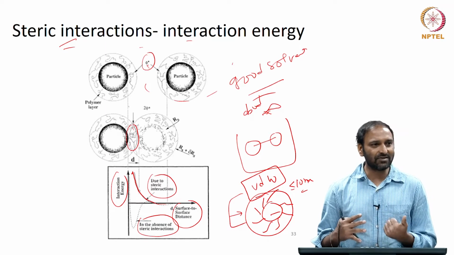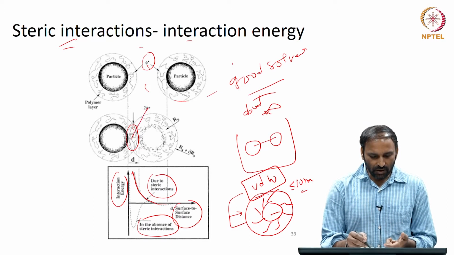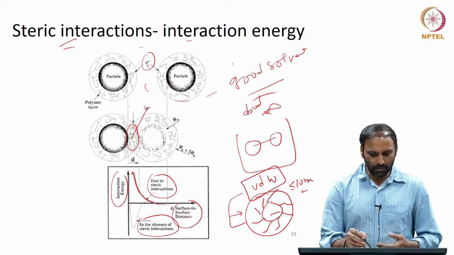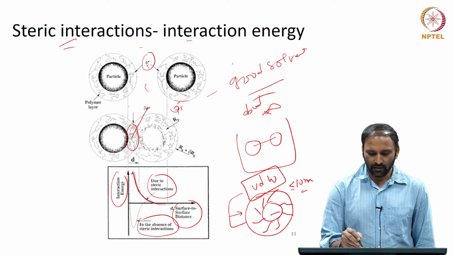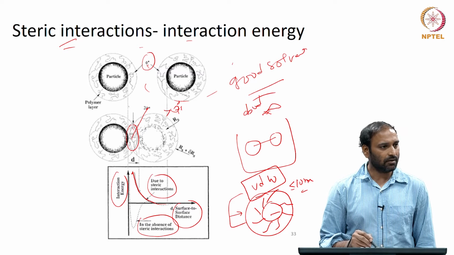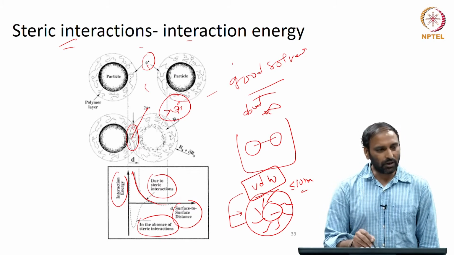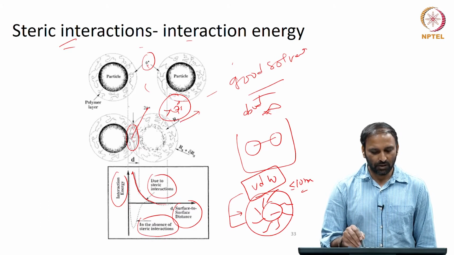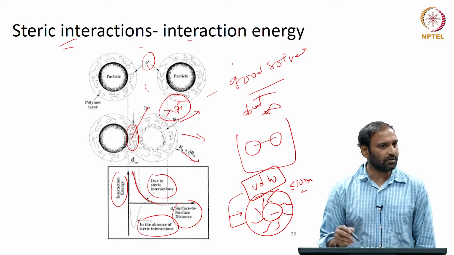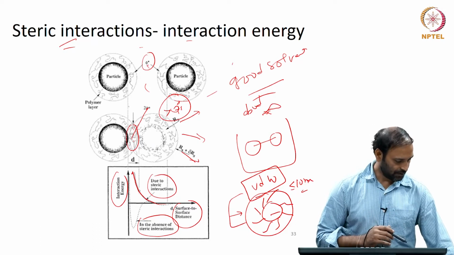Now, what will happen is, when they are sufficiently close, in the region between the polymer particles, the overall concentration is definitely going to be greater than phi star, right? So when that happens, there is the osmotic pressure imbalance again in this case. Only thing is, it is opposite to the direction that we saw for the depletion attraction case. That's the crux.